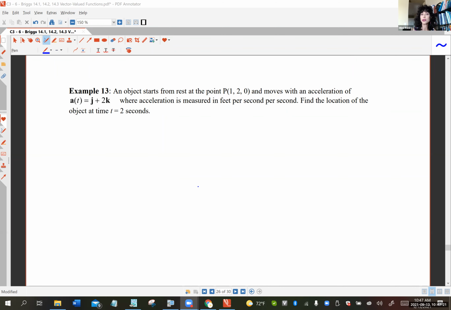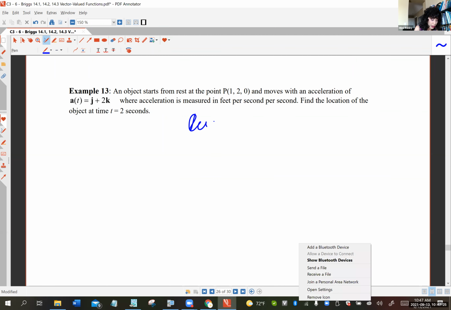Before I do this problem, I want to remind you that when you took a Calc 1 class, maybe a long, long time ago, you were given an acceleration. Let's say g of x is some acceleration function.